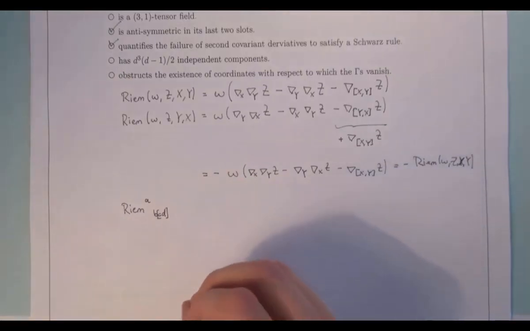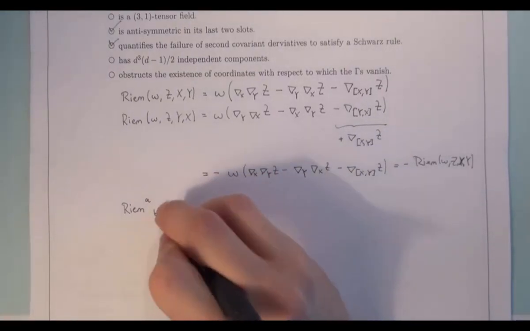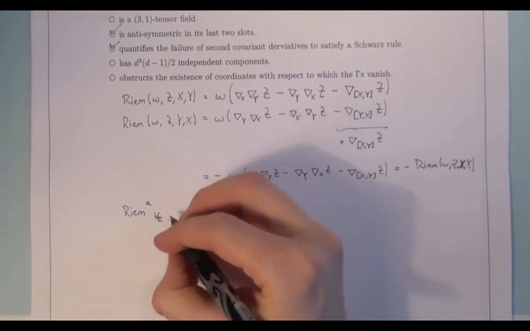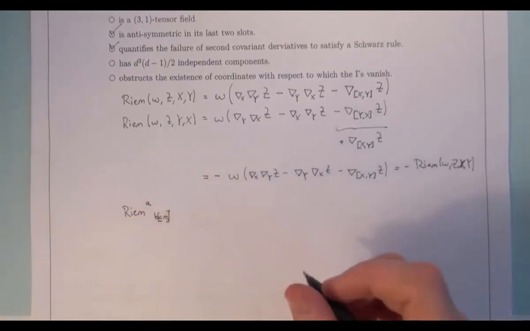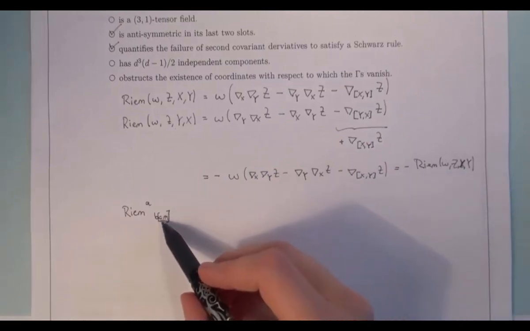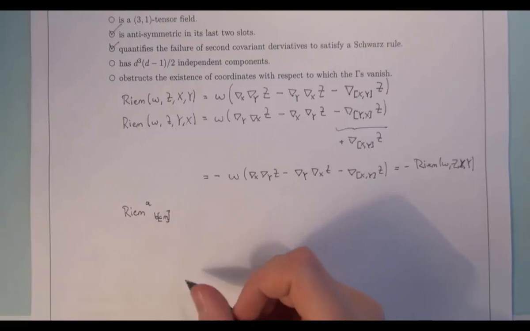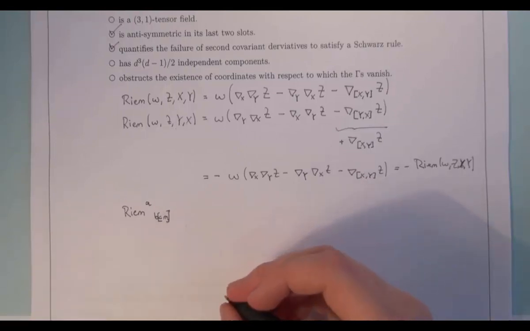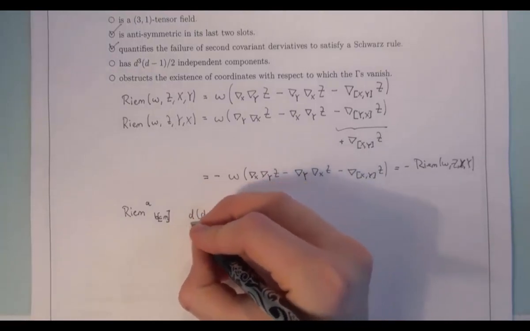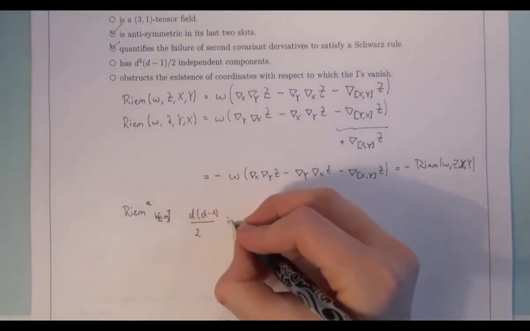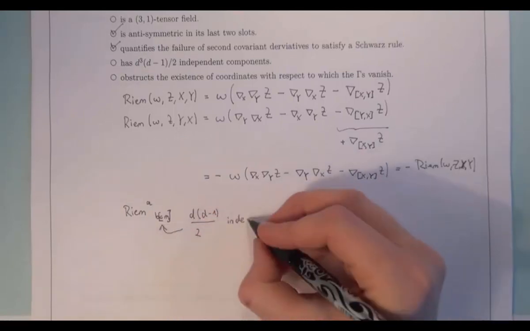And in dimension, so maybe this D here is a little misleading, as this is also what we call dimension here. So let's just name it M. And we know that if we have such an antisymmetric pair, we have D times D minus 1 over 2 independent components, just for this pair here.